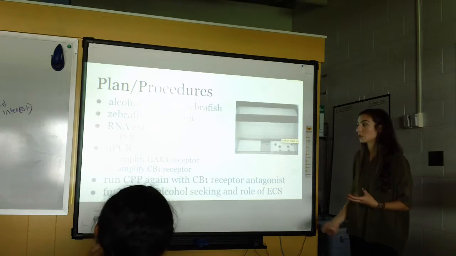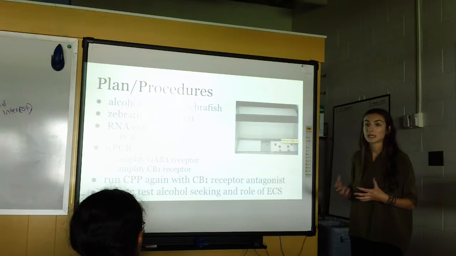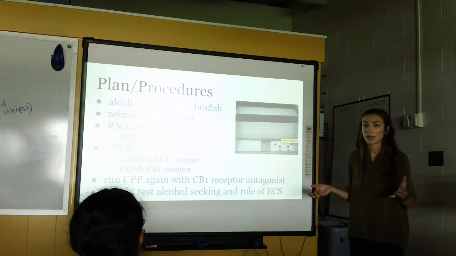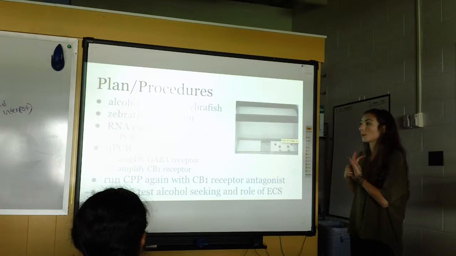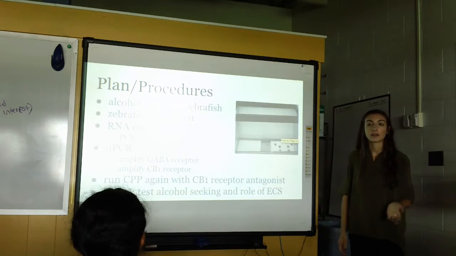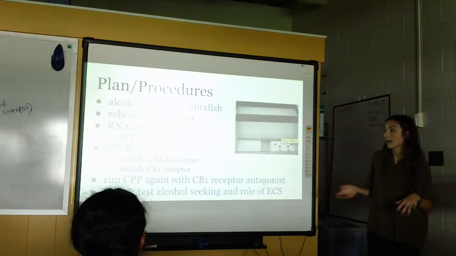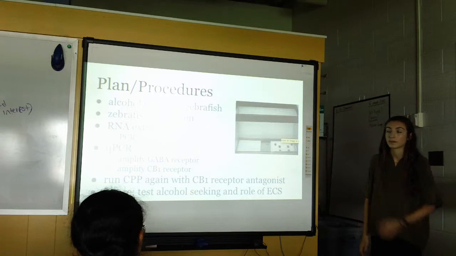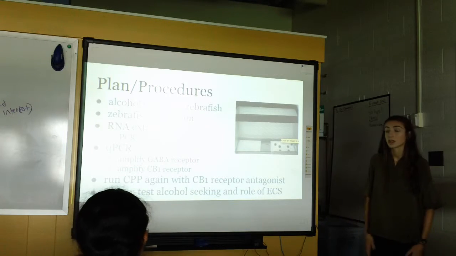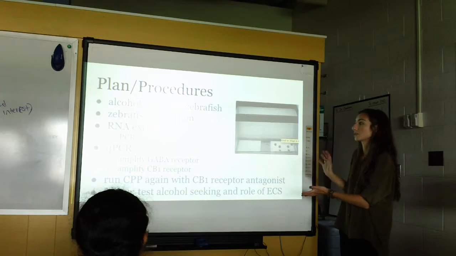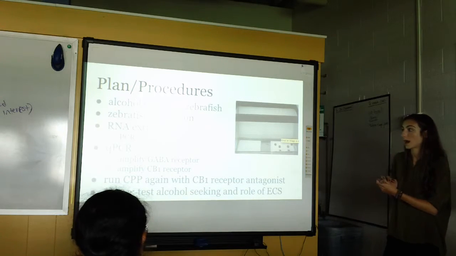If there's a lot of that protein, that's a signal that the endocannabinoid pathway is involved in alcohol preference and alcohol addiction in zebrafish, because CB1 has been shown to be involved in alcohol addiction in mice and in humans, but not in zebrafish yet, because CPP with zebrafish is kind of difficult. So this hasn't been done yet in terms of alcohol CPP and CB1 receptor identification.